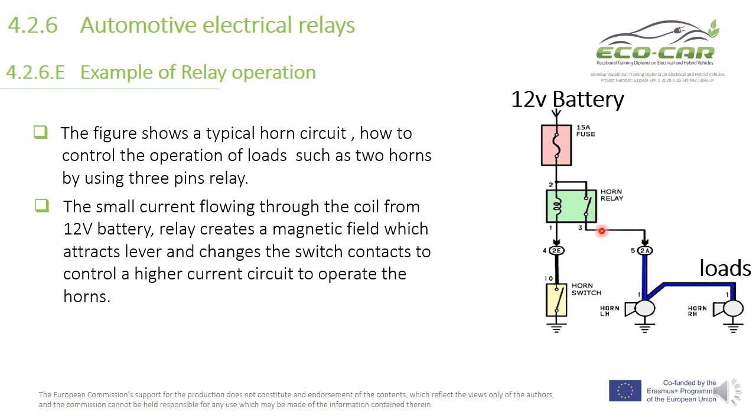to operate the horns. So when this coil creates a magnetic field to attract this arm to close this switch, it also needs a negative ground here from this ground when the horn switch is closed.